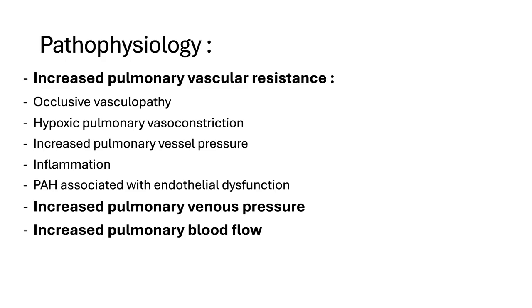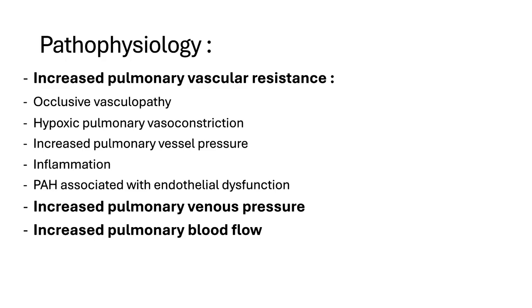The other mechanism of pulmonary hypertension is increased pulmonary venous pressure, which can be, for example, due to pressure or volume overload in the left side of the heart, which can be due to any valvulopathy within the left side, like mitral valve regurgitation.